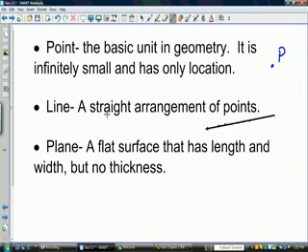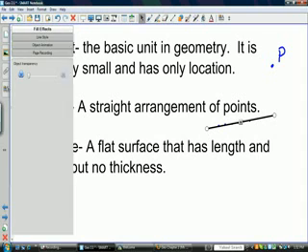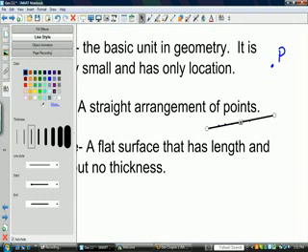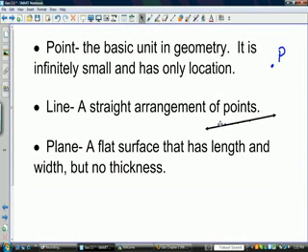So it's a straight arrangement, meaning it keeps going in both directions forever.